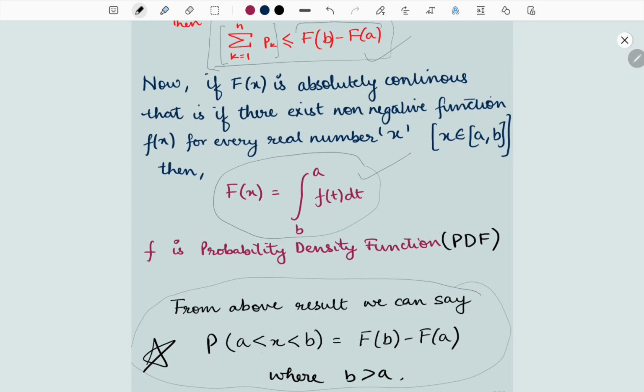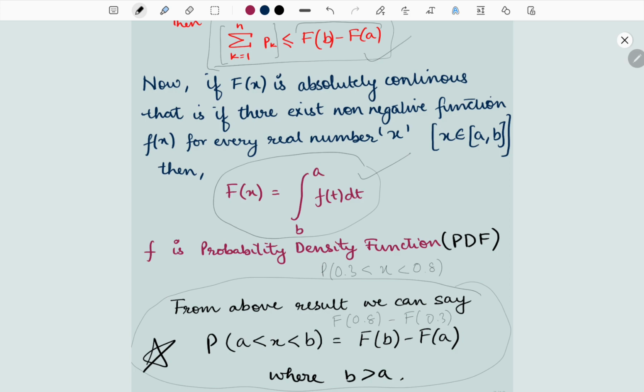So at the last, whenever you are asked like P of 0.3 < x < 0.8, you can simply put it in the function: what is the value of f at 0.8, and subtract from it the function at 0.3.